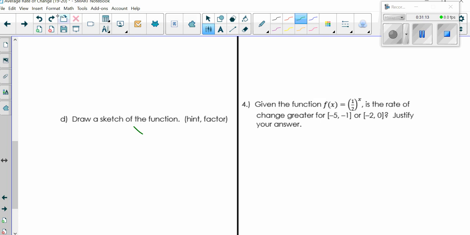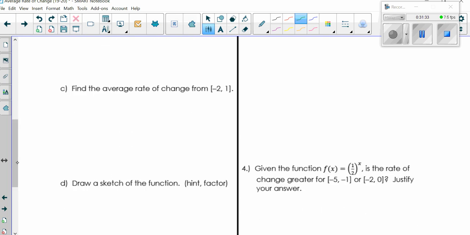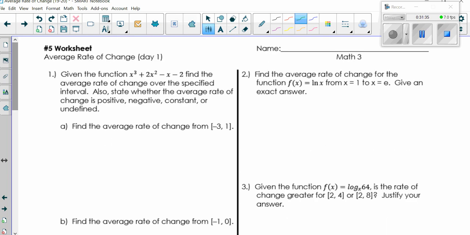This is review from way back in our first unit of the year. It just has to do with you factoring by grouping because there's 4 terms. And then once you find the solutions from your factoring, you can show the direction and everything on where it goes. Okay, and I'll probably actually do this one with you when I do the next lesson.